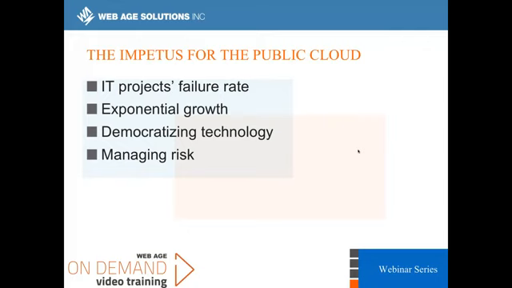And then finally, the last 2 ones are a little bit more subtle. Democratizing technology. As technology has made inroads in all of our lives, I'm sure that some folks here are watching this webinar on a smartphone. Think about the fact that you have something in the palm of your hand that lets you listen to some guy lecturing in Portland, Oregon, displaying graphs and sharing this experience with over 70 other people.